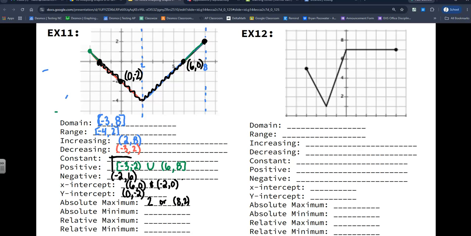And then there is some debate on whether or not we should call that a relative maximum because it's at the end. Depends on which definition you're using. I'm just going to go ahead and call it a relative maximum just because I've told you they're always the same. Depends on the definition you're using, but we're not going to get into that level of detail.